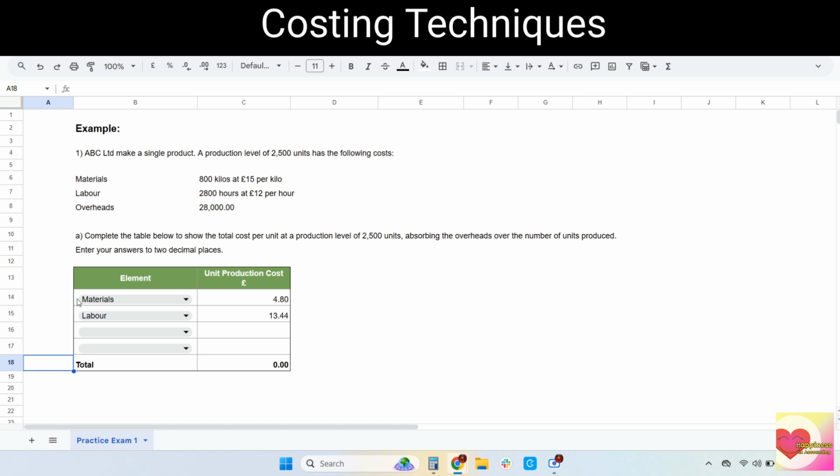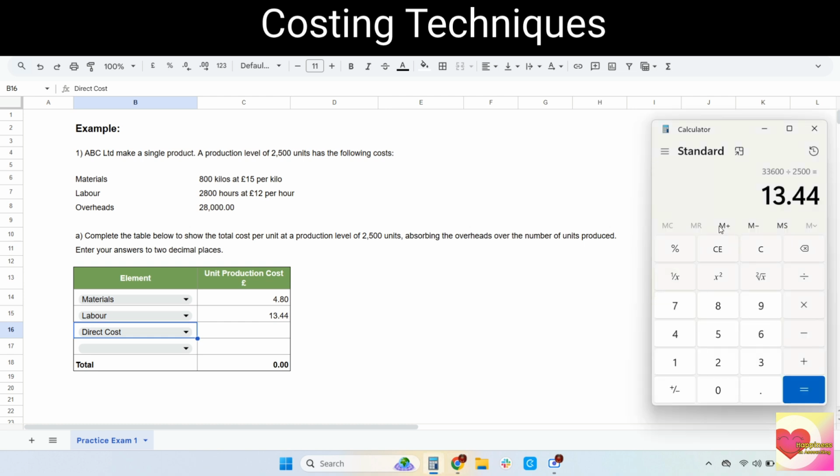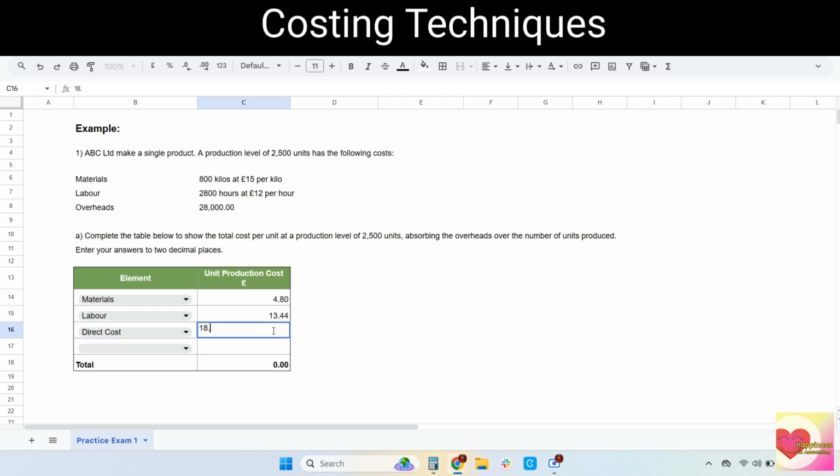So let's put direct cost first and get the total of these 2. £4.80 plus £13.44, and we got £18.24. So this is our direct cost. Then the last one is overheads.